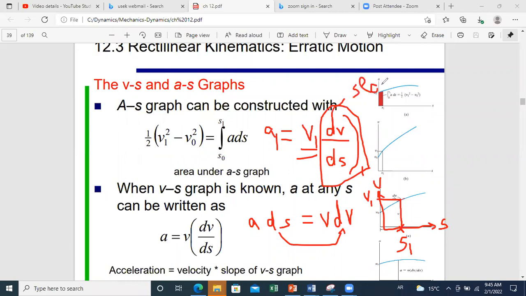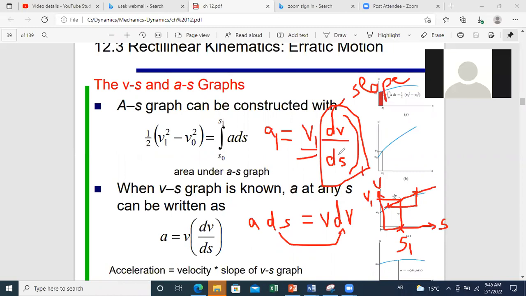So all I have to do then is to draw the tangent line at this level. Okay. And then I take any 2 points. It's a straight line. I can take any 2 points of it and determine the slope delta v over delta s. This will give me dv by ds at this point 1.